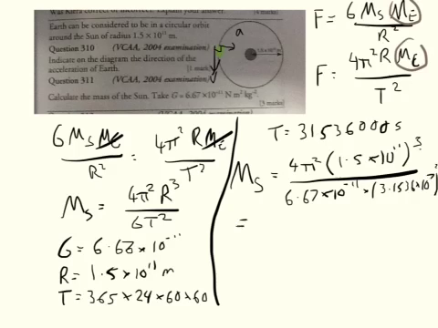Putting those values into a calculator, you should end up getting 1.33 times 10 to the 35 on the top, and 6.63 times 10 to the 4 on the bottom.